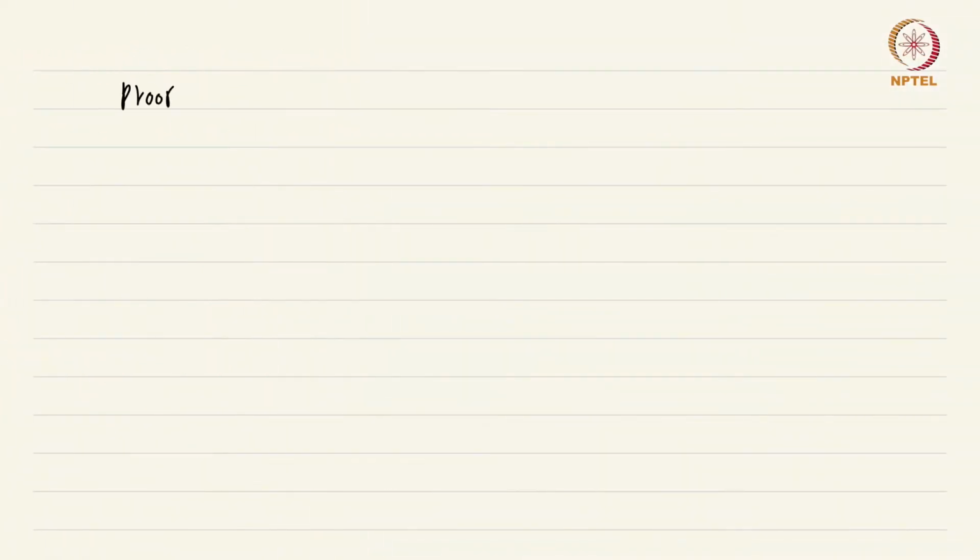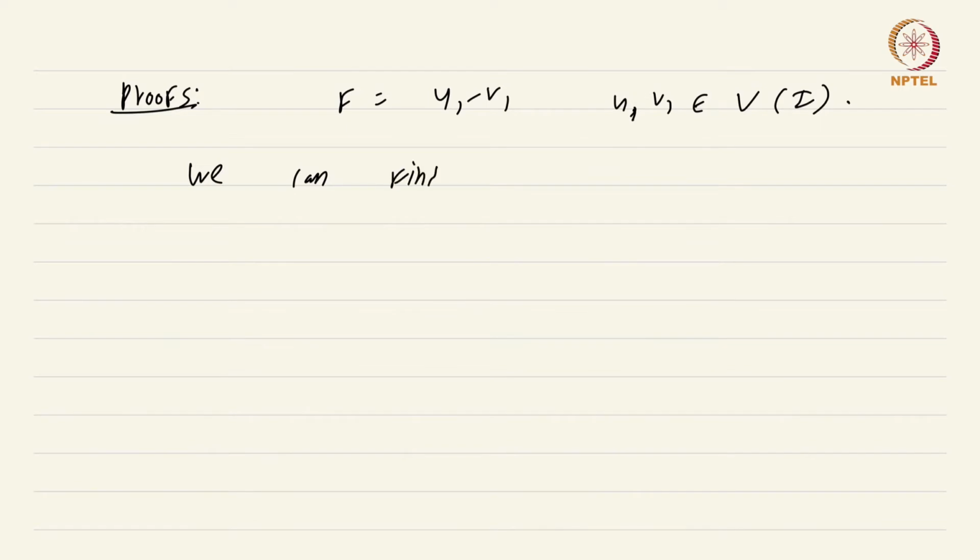Proofs. Well, we already know that you can write f as u1 minus v1, where u1 and v1 are upper functions. That's just the definition. Now, by definition, we can find a sequence of step functions Tn that increase to v1 almost everywhere.